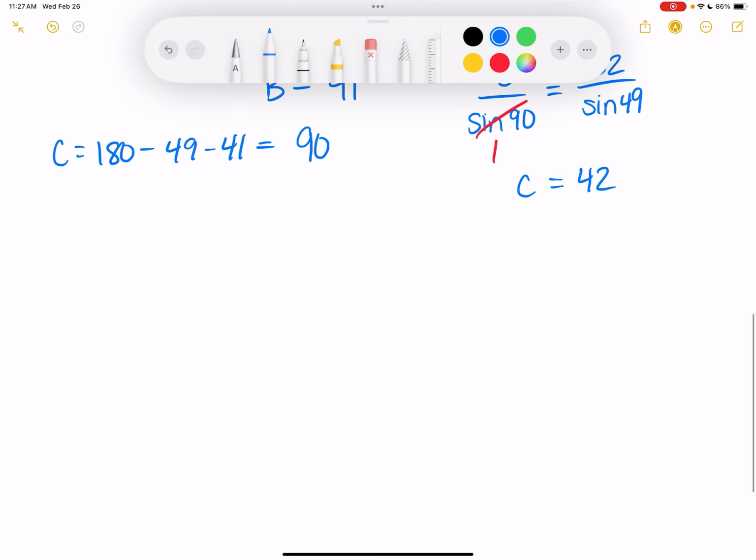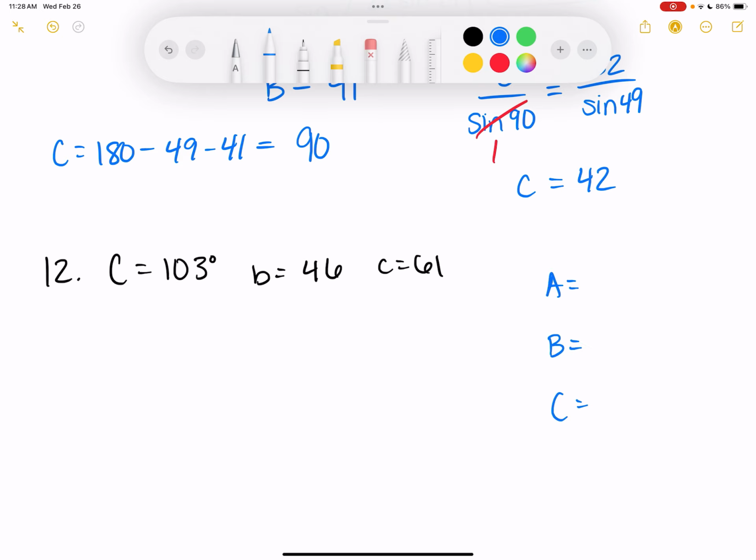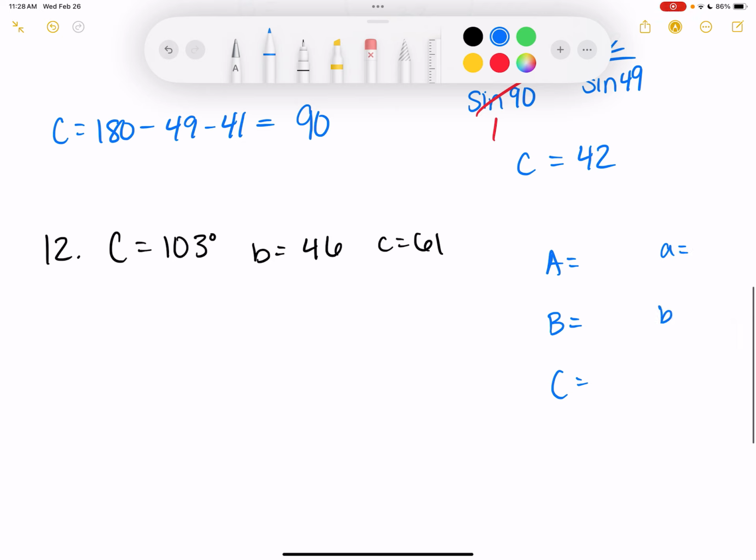Let's see. Now we'll do number 12. So 12, angle C is 103 degrees, side B is 46, and side C is 61. So what situation do I have here?